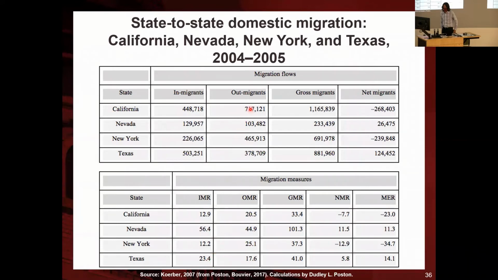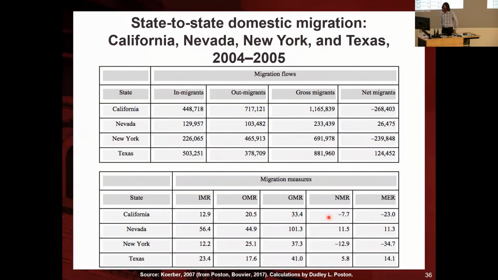Out-migration rates, which make more sense in demographic terms, are this number of out-migrants divided by the population in California, multiplied by 1,000. The gross migration rate is this number divided by the population in California, multiplied by 1,000. Net migrants, same thing: this one divided by the population in California, multiplied by 1,000.